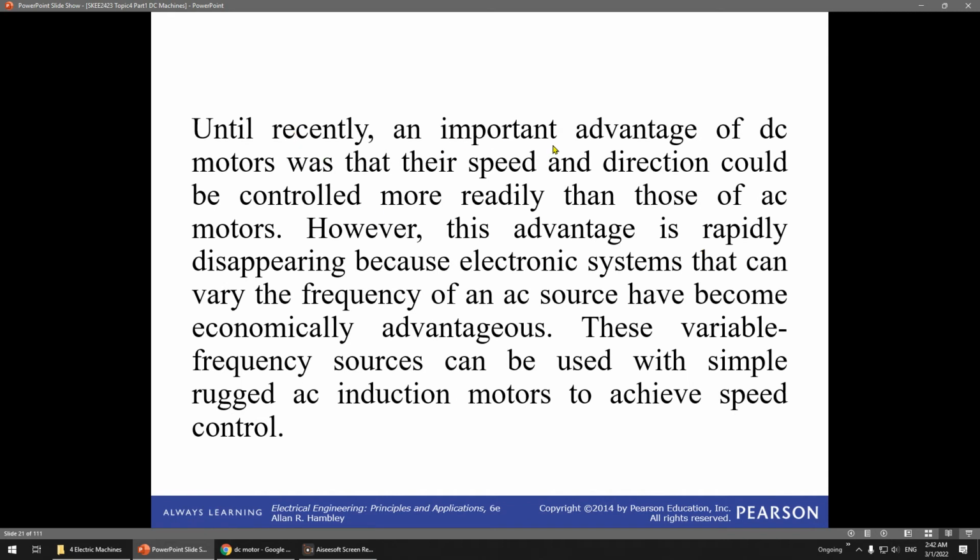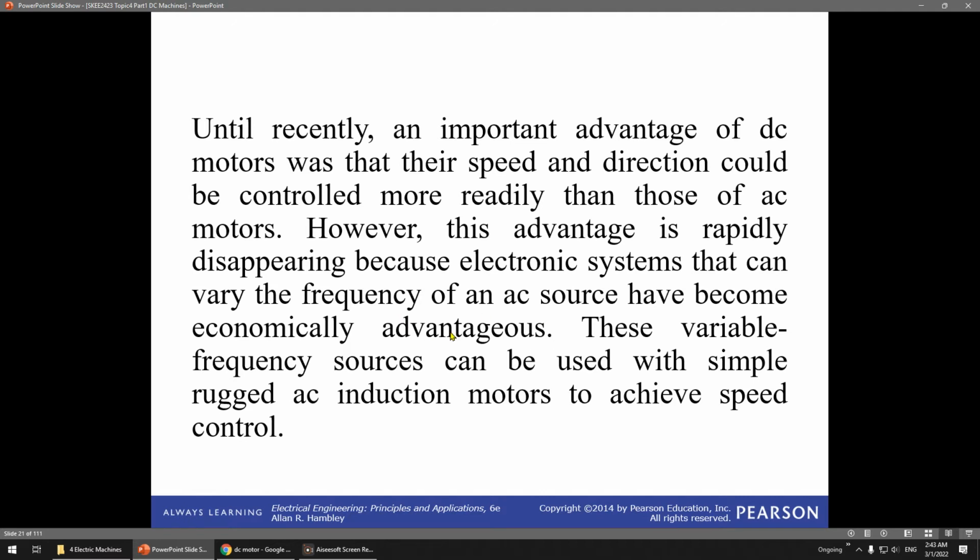Until recently, an important advantage of a DC motor was that its speed and direction could be controlled more readily than those of an AC motor. This is the advantage of the DC motor, because you can control the speed and direction easily. However, this advantage is rapidly disappearing because electronic systems that can vary the frequency of an AC source have become economically advantageous.